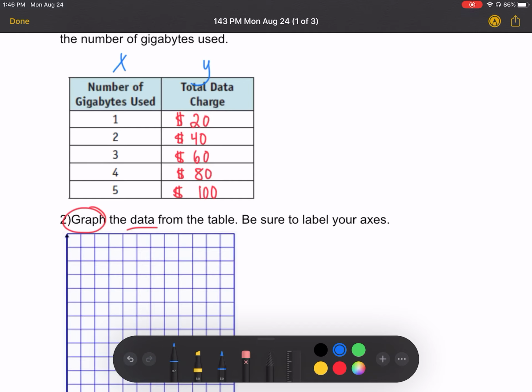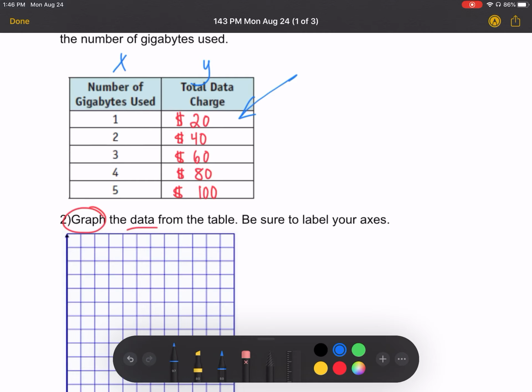And we know that because our x value, the number of gigabytes used, is what we call our independent variable. And then our y value is what we call our dependent variable. The amount that we're charging is dependent on how many gigabytes we've used.